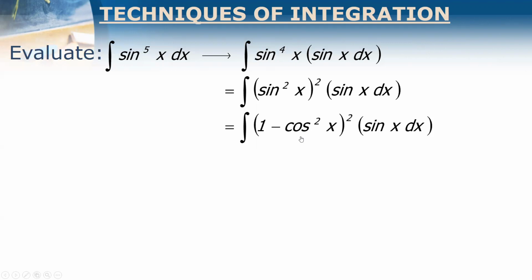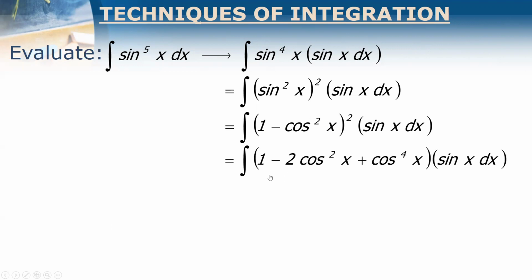So you replace it, and then expand this perfect square trinomial. This is the result. And then distribute sine x dx. You will have 3 terms. This is the result.